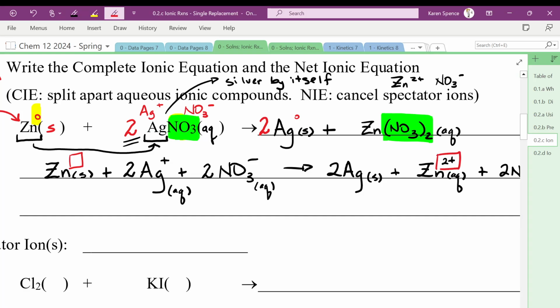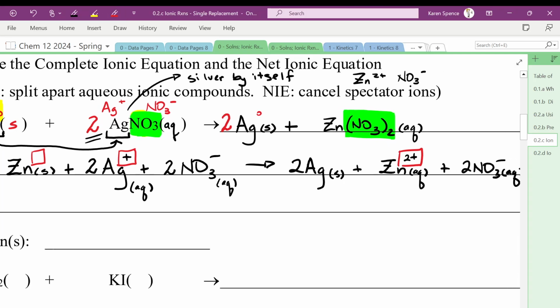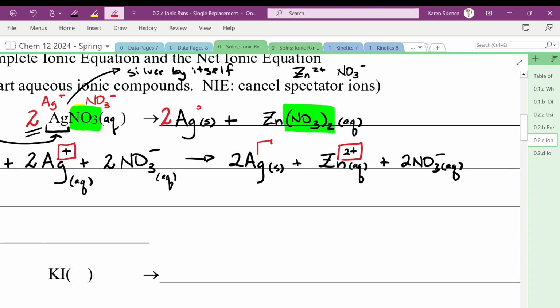It's going from nothing to 2+. How about the silver? Silver's going from positive to 0. So in single replacement reactions, elements go from being charged to being uncharged, or from being uncharged to being charged. So it's a little bit different.